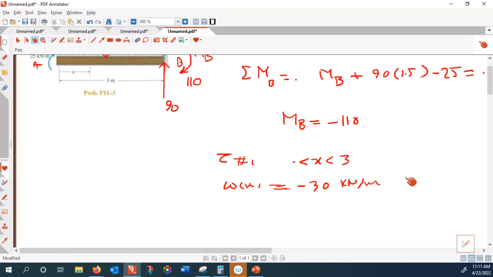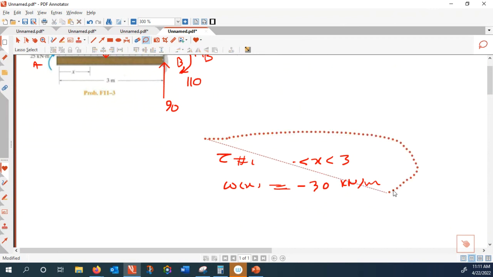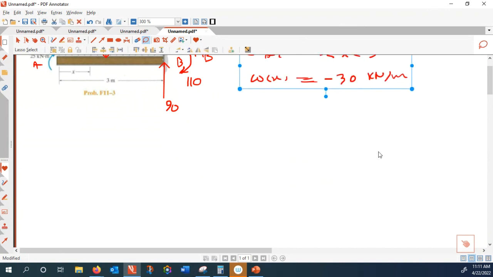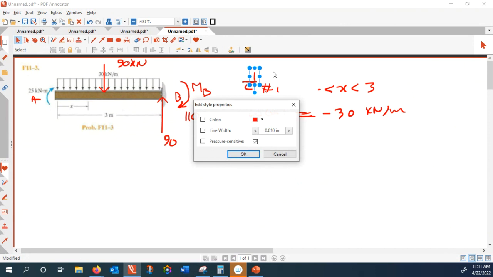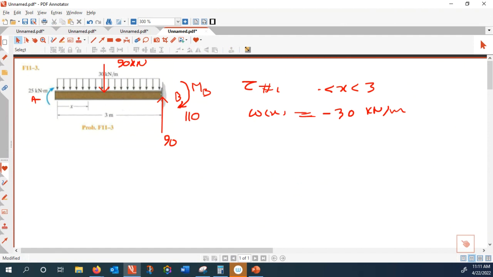Now, let me write, maybe I don't need these portions just to save some space. Okay, now I write my equation as V of x, which is shear at the arbitrary point, any point inside the zone.